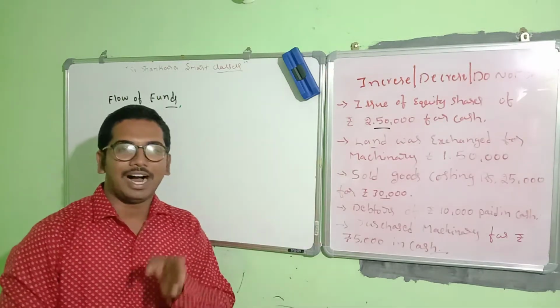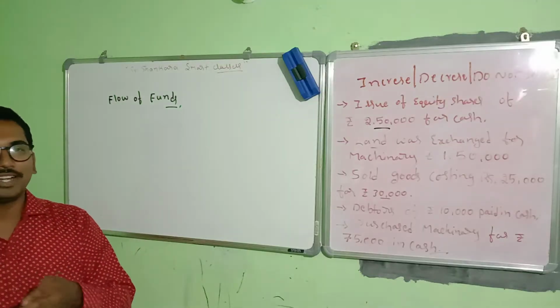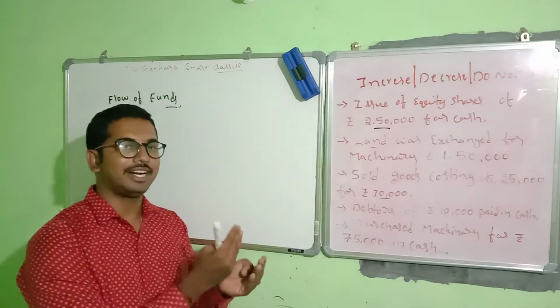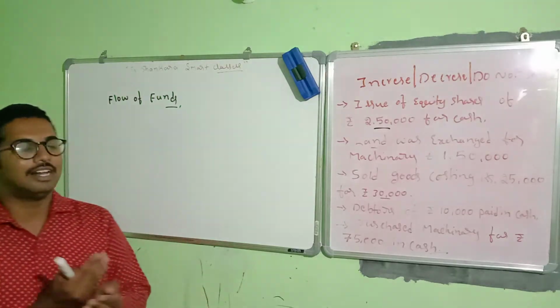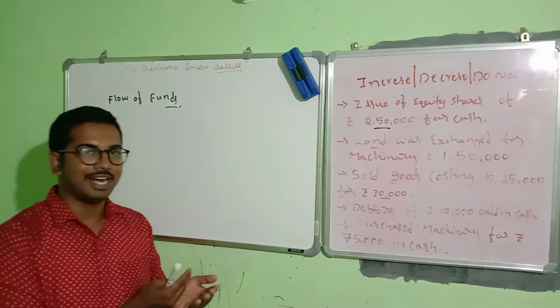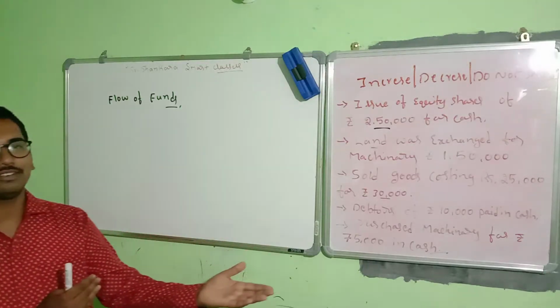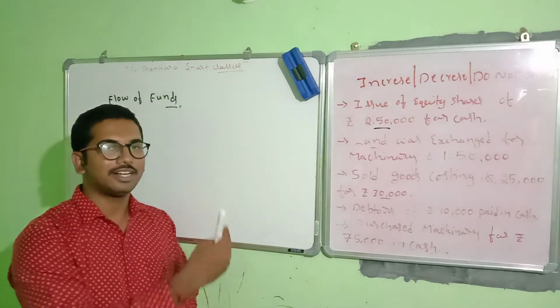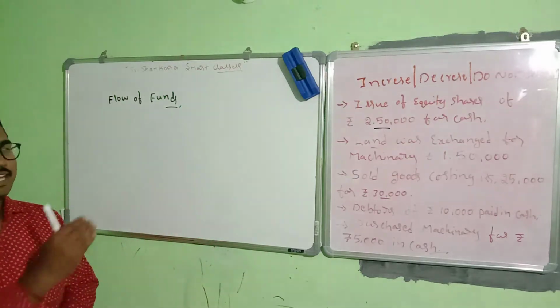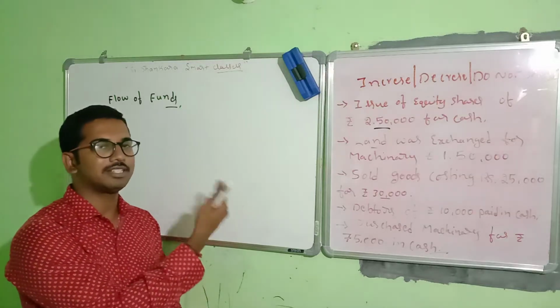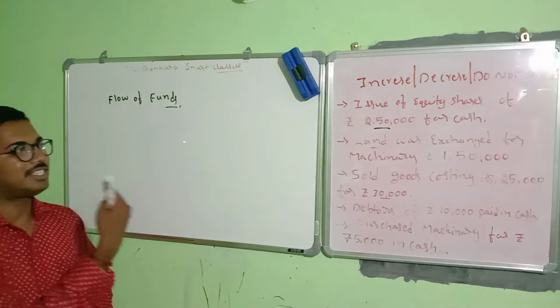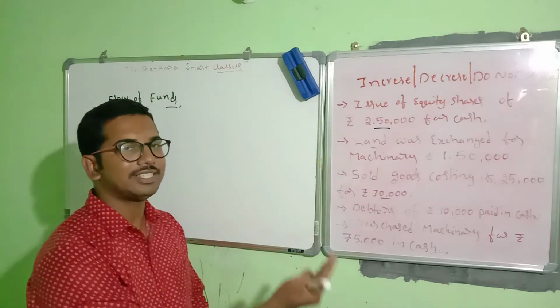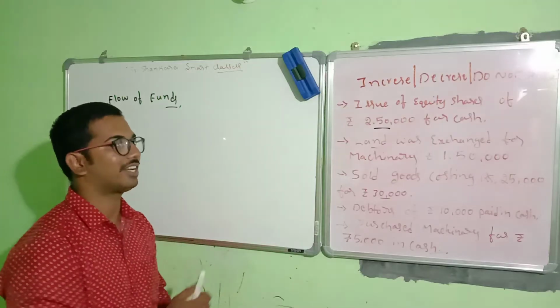Second step, identify the nature of the account: whether it is a current asset, current liability, non-current asset or non-current liability. Then we categorize it into current account and non-current account. There we can apply our three categorizations. We can easily find out whether it leads to increase or decrease in working capital.